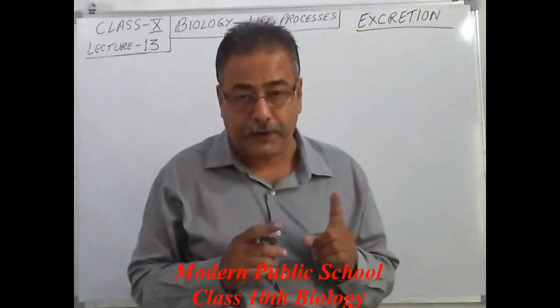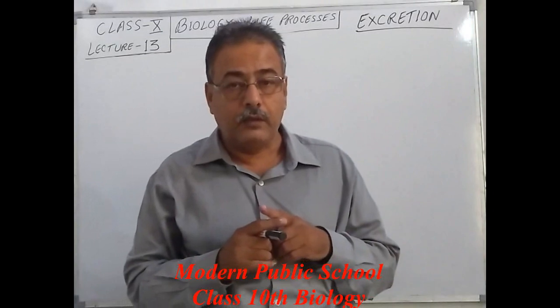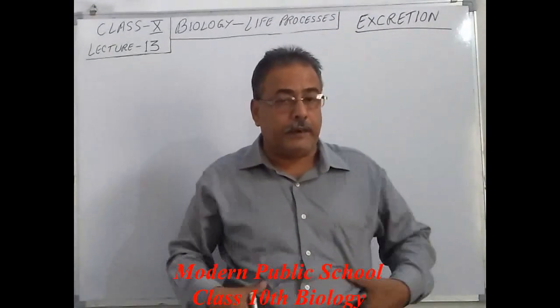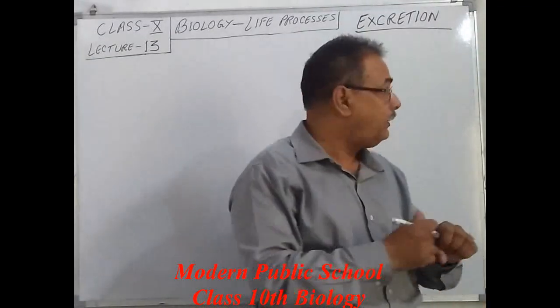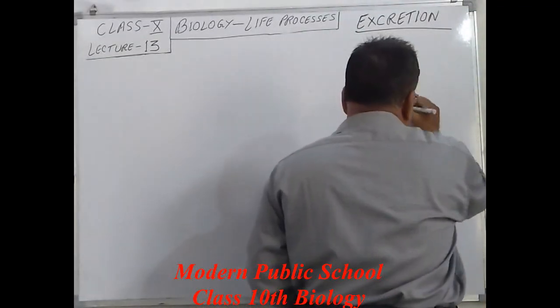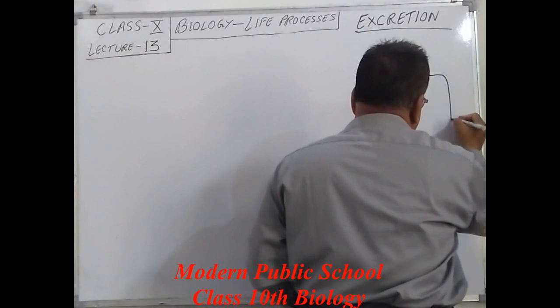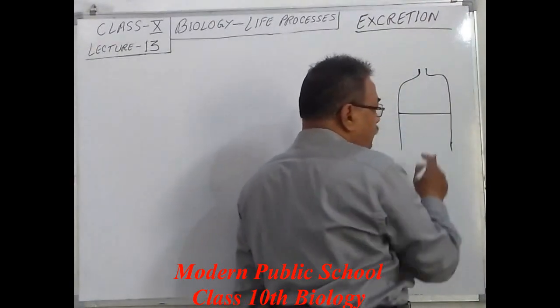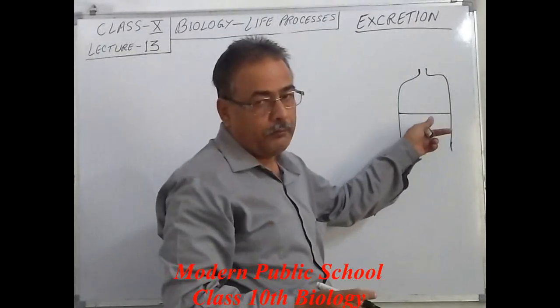The excretory system of human beings contains one pair of kidneys in the abdominal region. Previously, we have seen that the body cavity of a human being is divided into two by a muscular diaphragm.